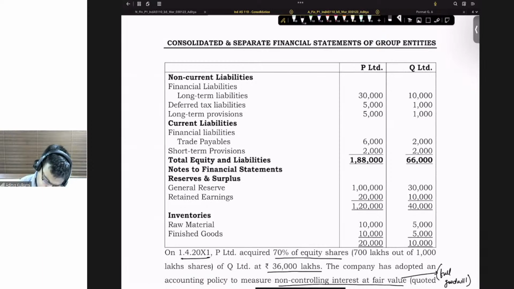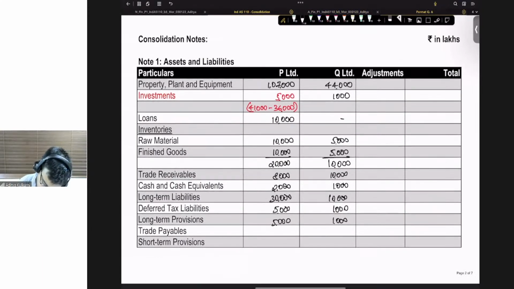Then trade payables and short-term provisions. So this is the first step that you will do after having the draft financial statement, the balance sheet ready. Adjustments and all, nothing, just copy the assets and liabilities as they are.